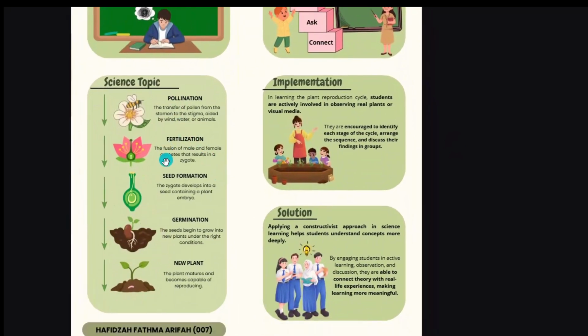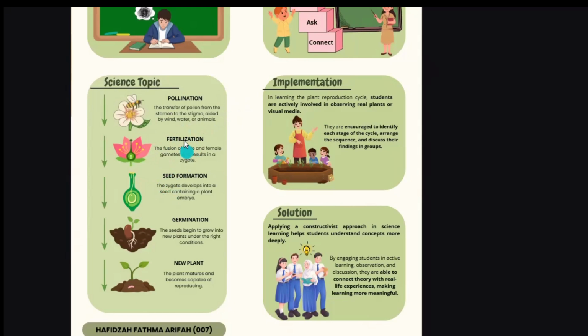Now let's connect this theory to the science topic. The plant reproduction cycle is a biological process that occurs in several stages. It begins with pollination, which is the transfer of pollen from the anther to the stigma.